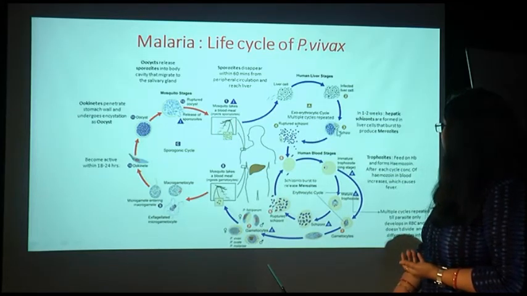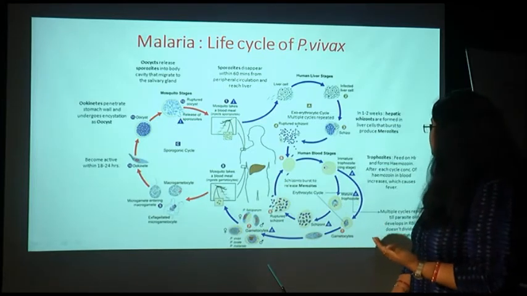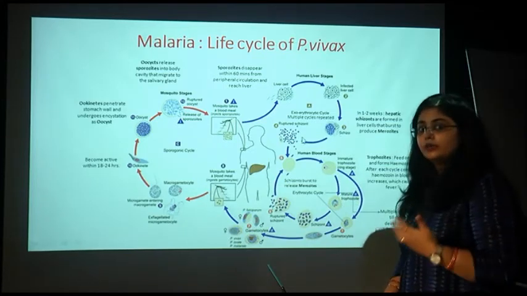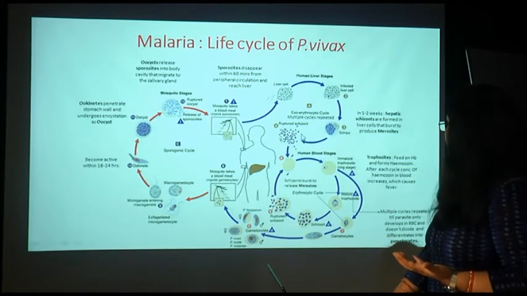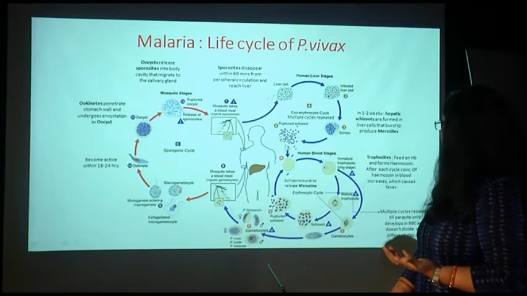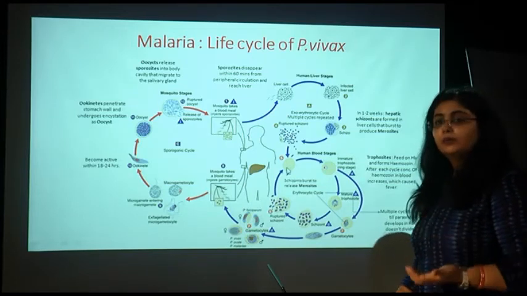So these hepatic schizonts further rupture to release merozoites into the bloodstream.